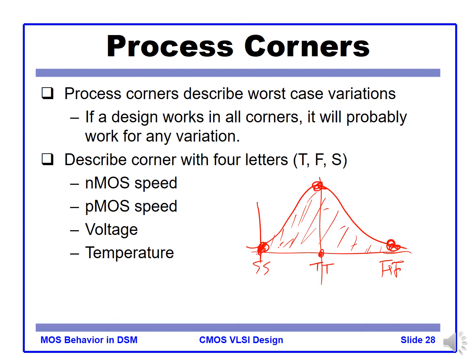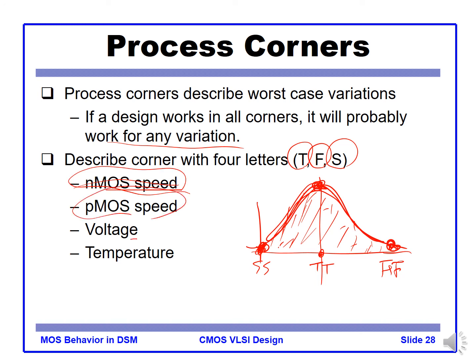So if the device works in all three, or the worst case corners, then you can guarantee that it will work for any variation. Between those variations you will cover the operation. So we define the process corner with letters: typical, fast, and slow. So we have NMOS speed and PMOS speed and supply voltage and temperature. All these 4 parameters can be described as typical, fast, and slow cases, right?